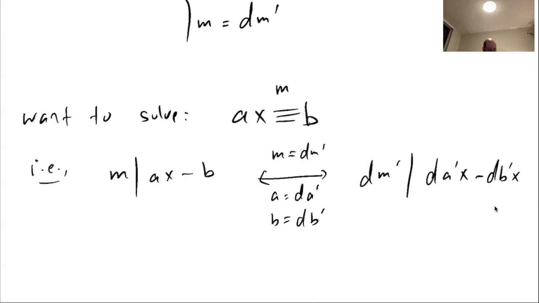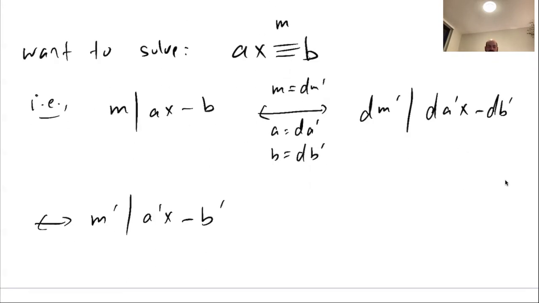Now I can cancel D. Then I get M prime divides A prime X minus B prime. No wait, B is D B prime, so there's no X here. It was AX minus B, and this B I replace with D B prime. So then I get M prime divides A prime X minus B prime.